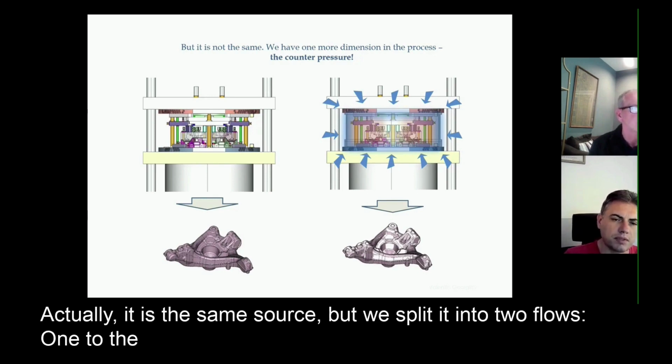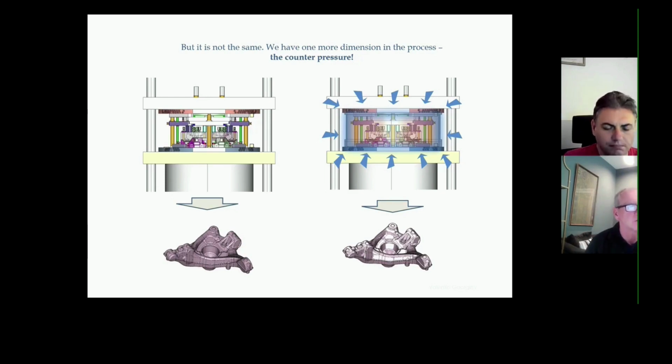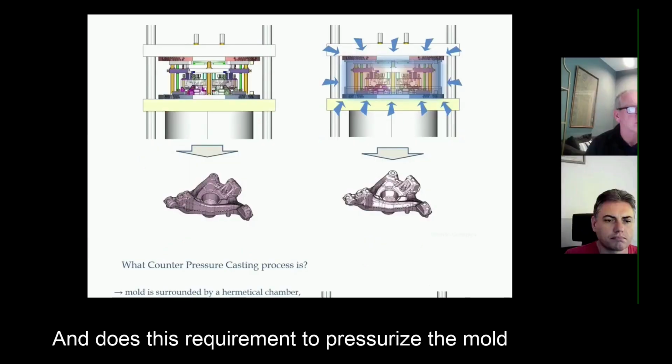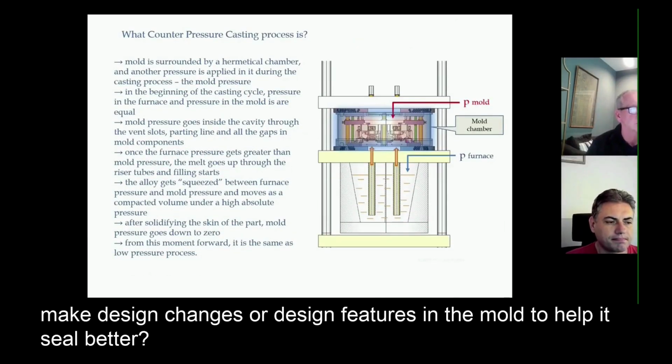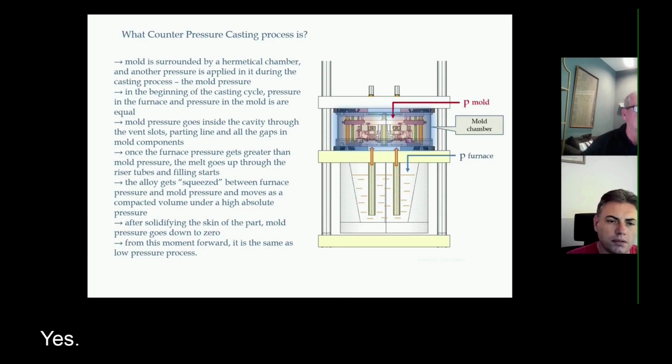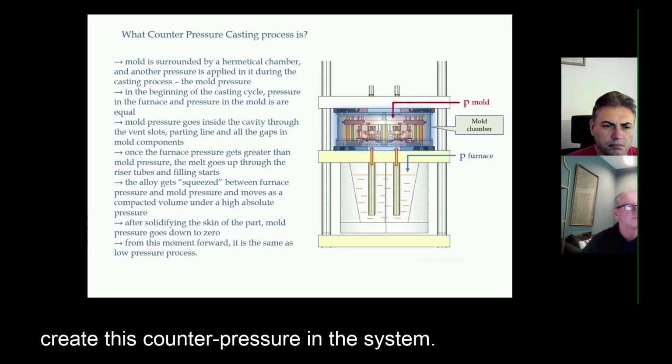Actually, it is the same source, but we split it into two flows, one to the furnace and one to the chamber. Okay. And does this requirement to pressurize the mold make design changes or design features in the mold to help it seal better? Yes, it needs some new features in the mold in order to keep the pressure and create this counter pressure in the system.